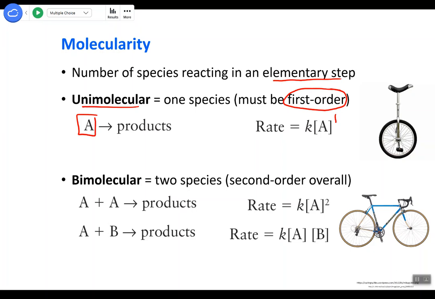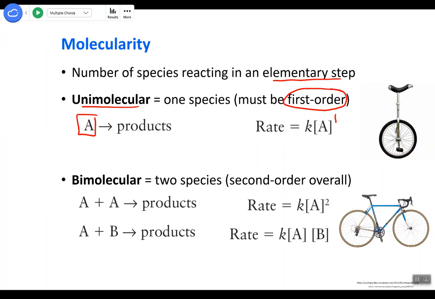I told you at the beginning of this unit that we couldn't derive those little exponents, the order of the reaction, based on the reaction. And that was true. We can't derive the order of the exponent based on the overall reaction. But if we're looking at an elementary step where only one thing happens, we are allowed, under this special circumstance, to correctly identify the order of the reaction based on the number of reactants.